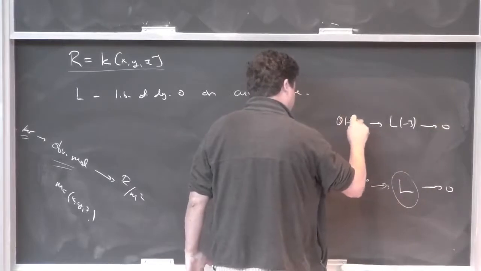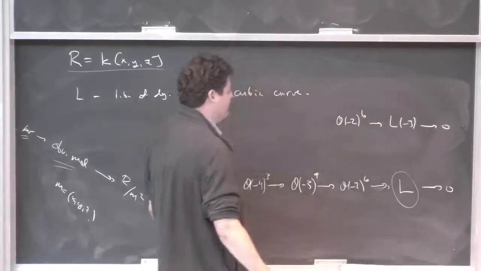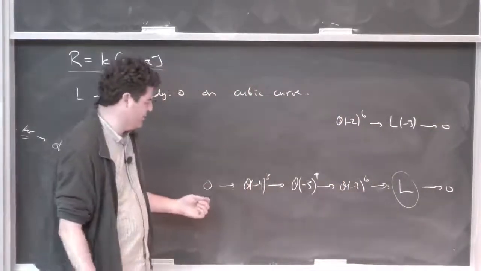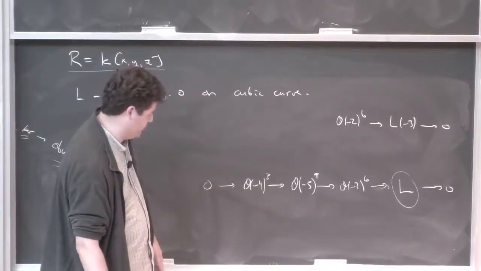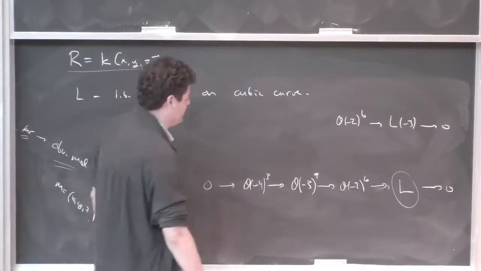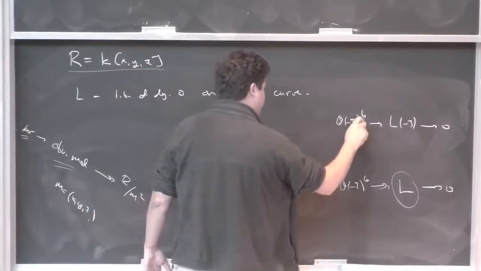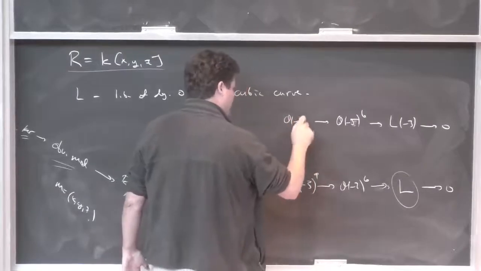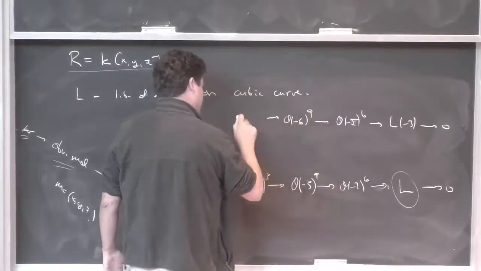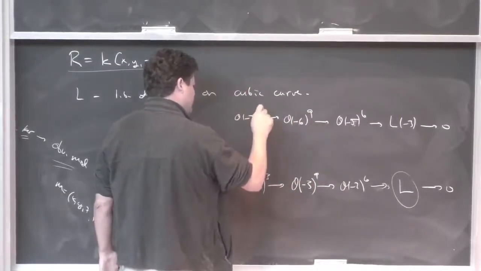And you could have done this with some resolution that wasn't a Koszul complex, so it would be a little bit richer than what we'd been seeing. So this is O(-5)^6, O(-6)^9, O(-7)^3.